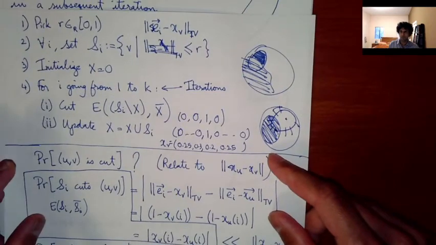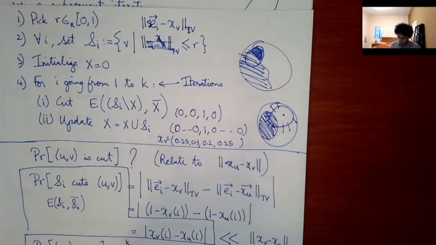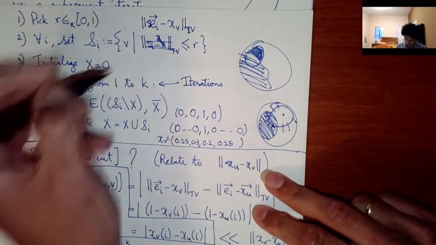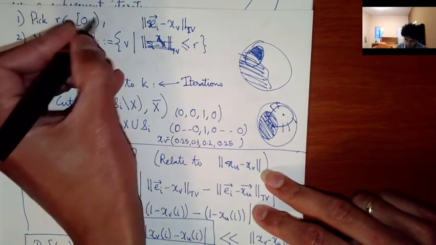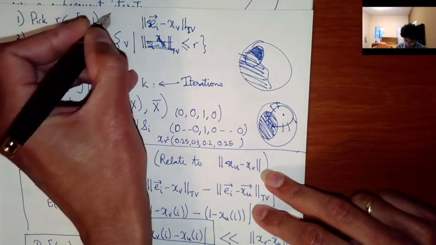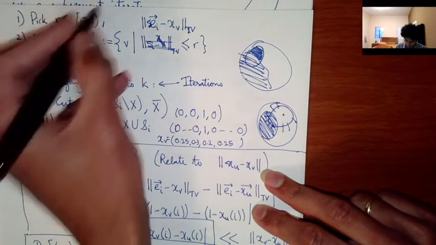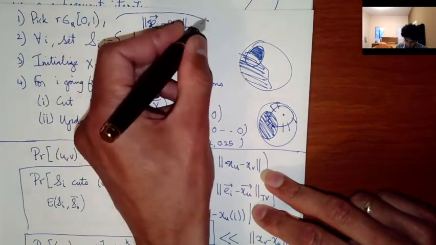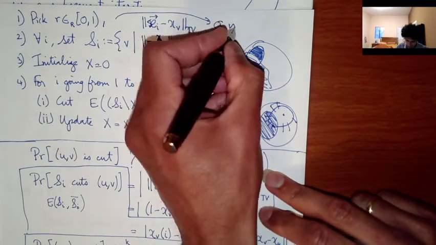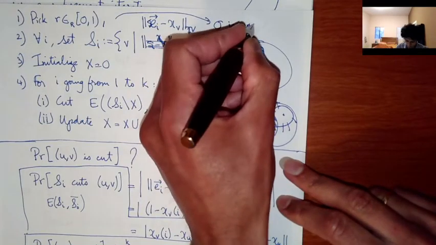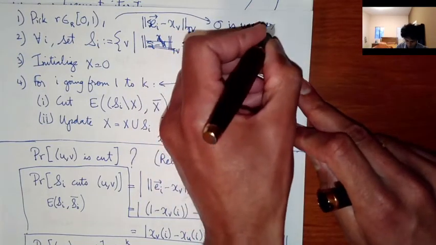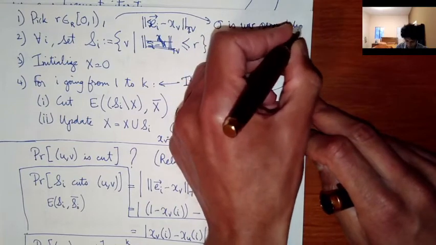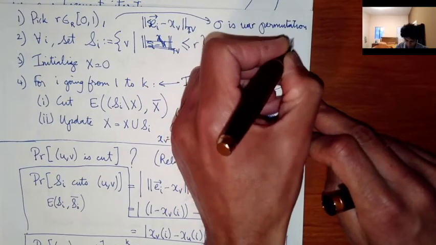We're going to adapt this algorithm by picking R and picking, well, I should say this here, sigma, a uniform at random permutation over the terminals.